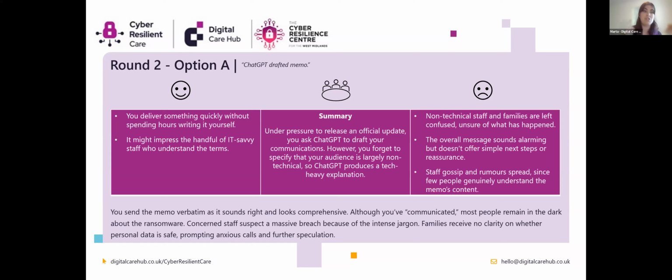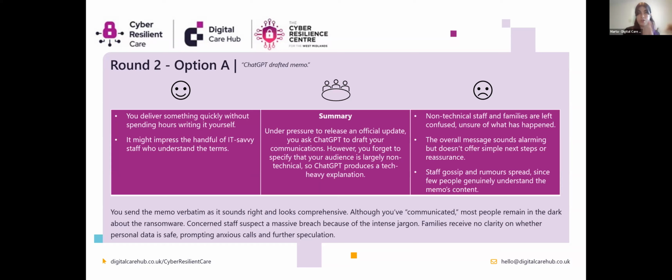Obviously, you send the memo verbatim as it sounds, and it looks comprehensive. Although you've communicated, most people remain in the dark about the ransomware. I'll go into why in a second. Concerned staff suspect a massive breach because of the intense jargon. Families receive no clarity on whether personal data is safe, prompting anxious calls and further speculation.